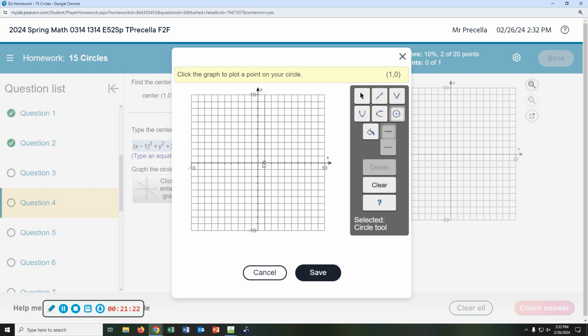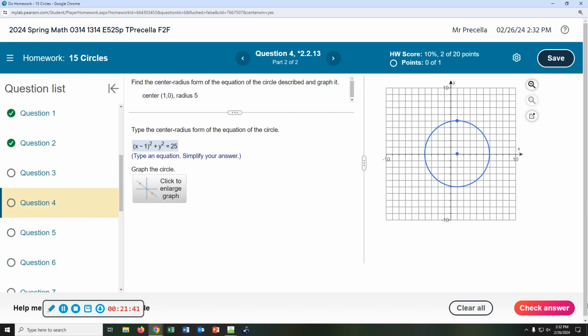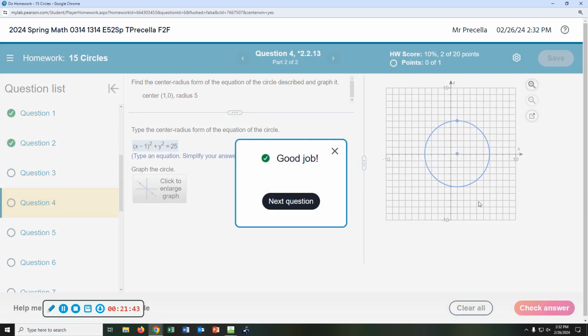Y'all tell me how you want to count. You want to go up, down, left, or right. It makes no difference to me. Up, 1, 2, 3, 4, 5. Is that where I want to be? Yes. Click it. Save it to transfer it over here. Check answer.